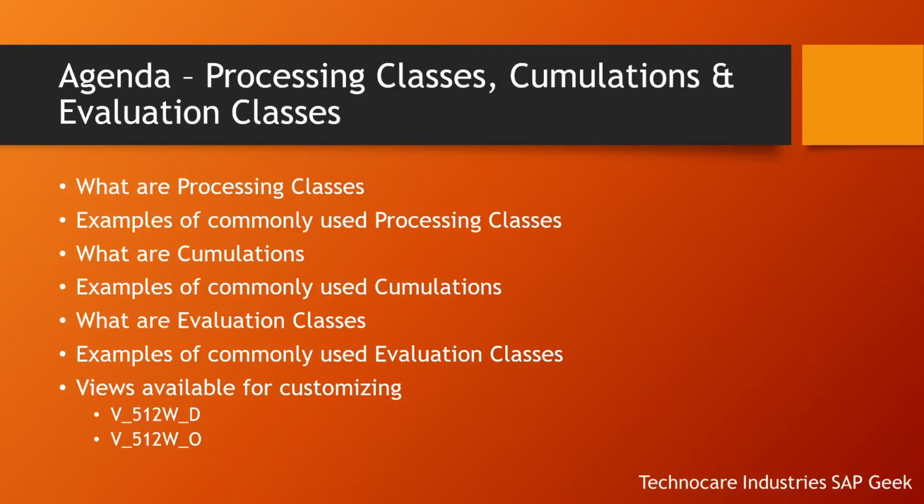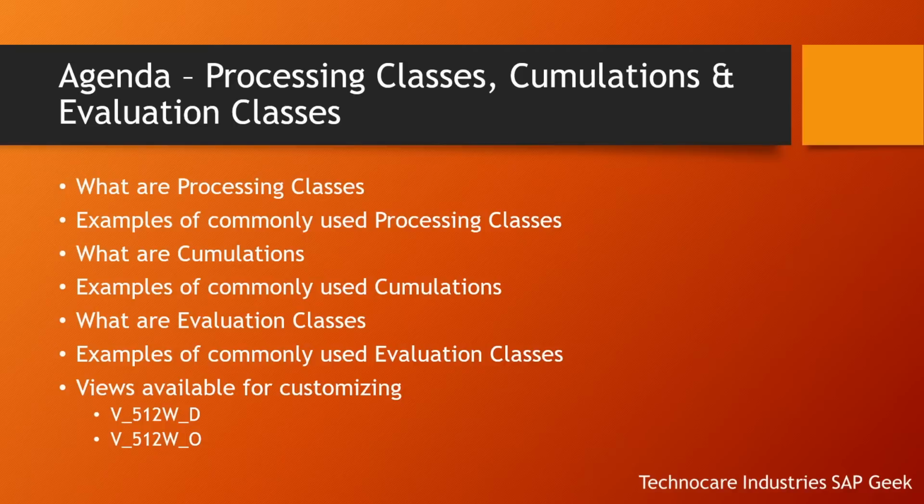So for those who are very new to SAP payroll, let me just give you some introduction or background before going ahead and checking in system what are processing classes, cumulations and evaluation classes. So guys, these are nothing but wage type characteristics.